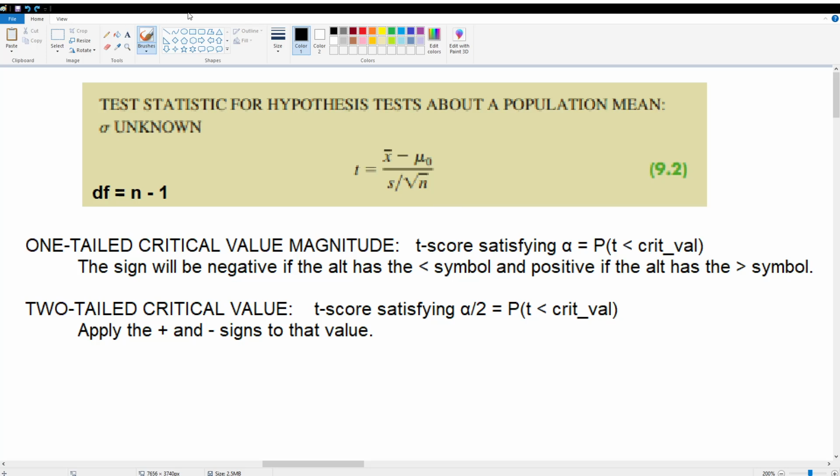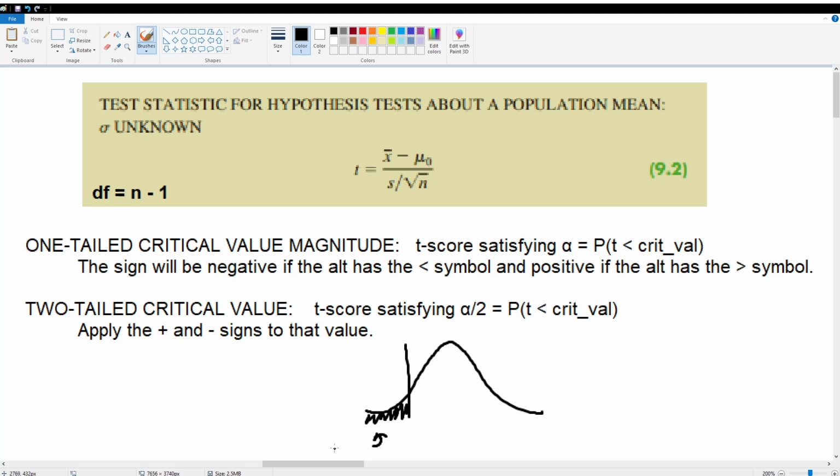Now, getting p-values for t-scores is considerably more annoying and tedious than it is for the z-scores. And so here it's easier to use the critical value approach. So instead of getting a p-value, we're instead going to get the critical value. And as discussed before, our critical value is the value at which, say 5%, if our value of alpha was 5% for a one-tailed test, of the data values lie below.